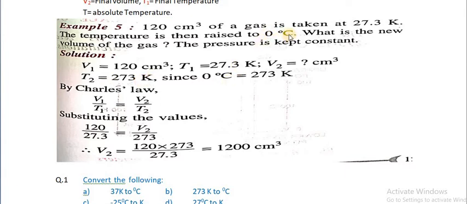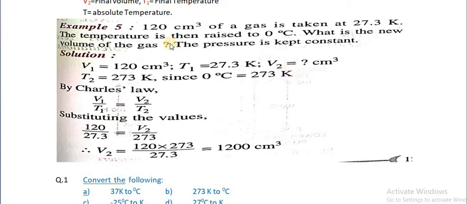If there is a Celsius unit, you need to convert into Kelvin. Make sure that while doing the numerical, you convert Celsius into Kelvin. So 0 degrees Celsius becomes 273 Kelvin, because when you convert from Celsius to Kelvin, we need to add 273. And you're asked to find the new volume, that is V2.